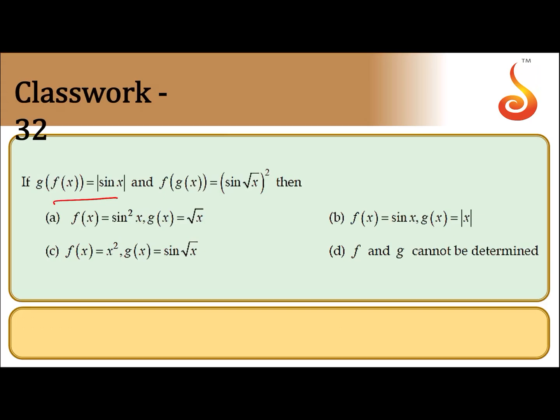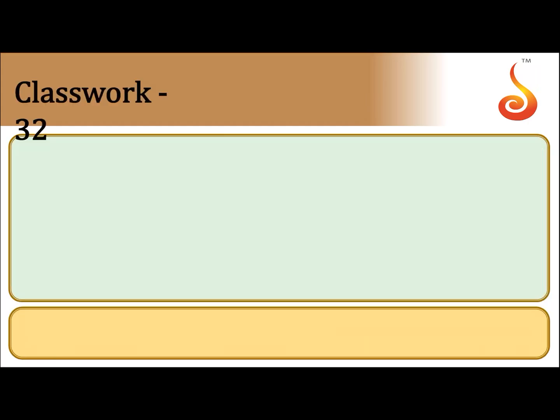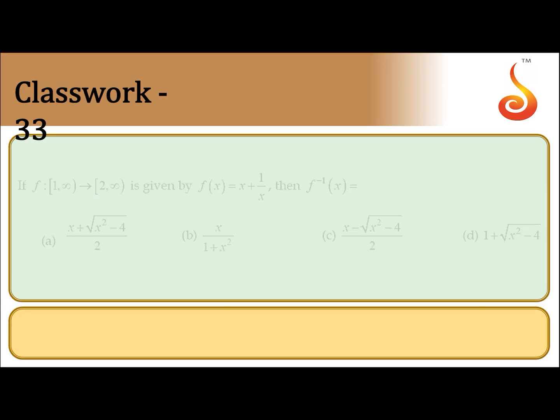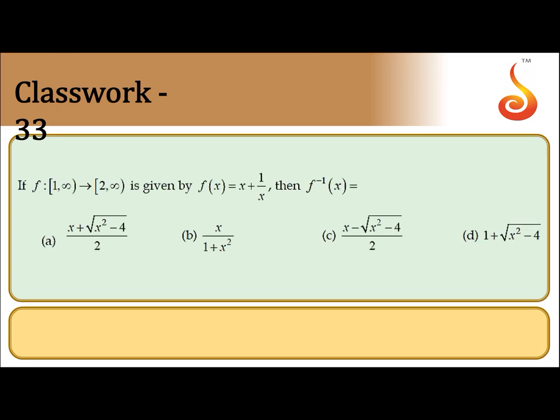So clearly you see that the first option exactly satisfies the answer here. Coming to the next one, question 33. f is defined from 1 to infinity to 2 to infinity, f of x is x plus 1 by x. Find its inverse.